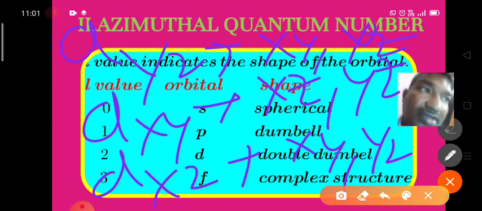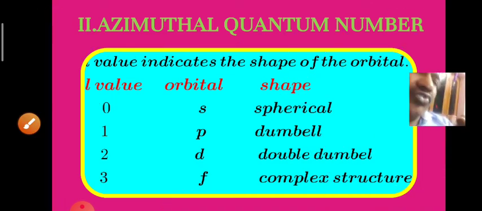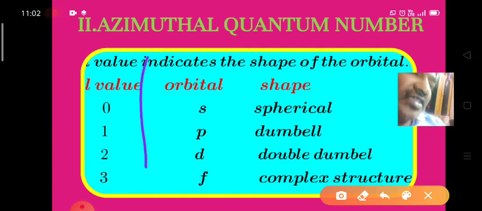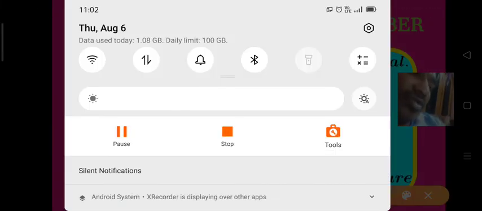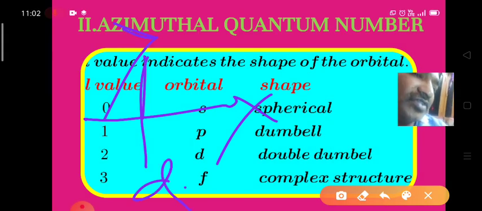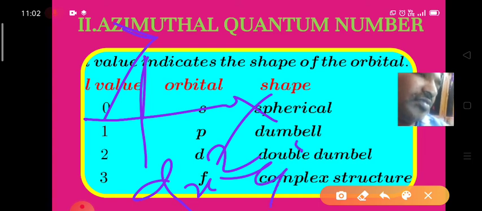Like that we can write the nodal planes. For the dx square minus y square orbital, the two nodal planes lie along the x-axis and y-axis. So these are the two nodal planes for the dx square minus y square orbital.